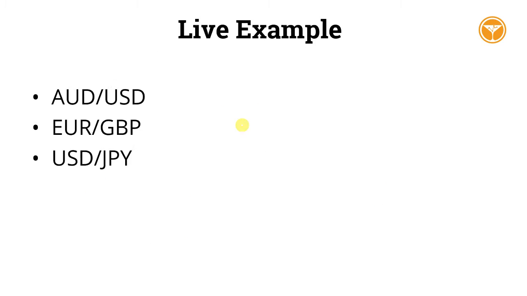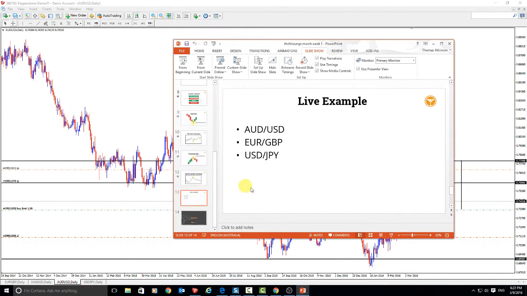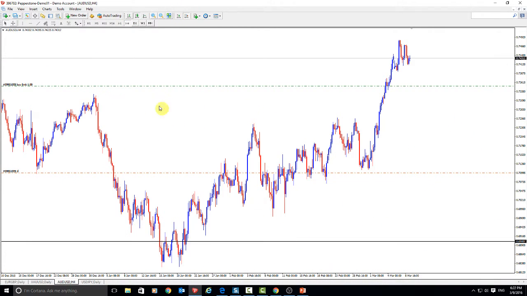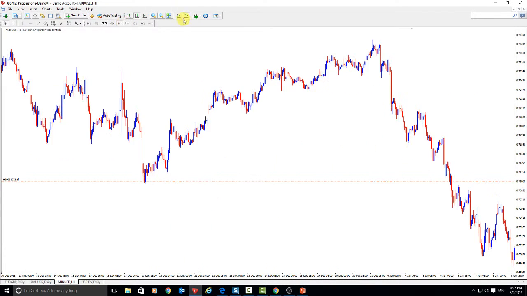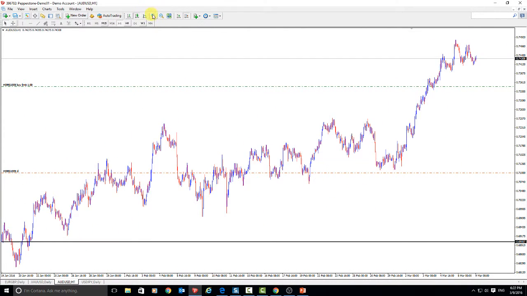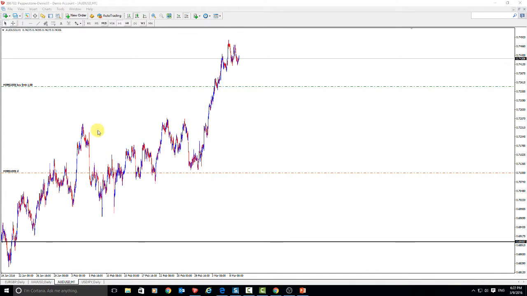So what we're going to do is do that now, and I'd like to do that on the Australian US dollar that we were just looking at before. So here's the Australian US dollar. If we have a look onto the smaller time frames, let's go to an hour time frame. We'll just have to zoom this out a little bit.